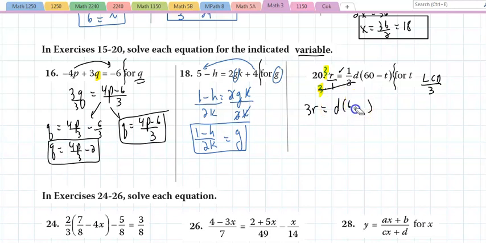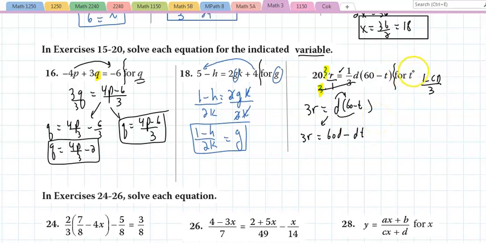Now you have two options at this stage. Most students will do this trick. They'll distribute the d, not a problem, you could do that. 60 times d is 60d, and d times negative t is negative dt. Remember what you're solving for.